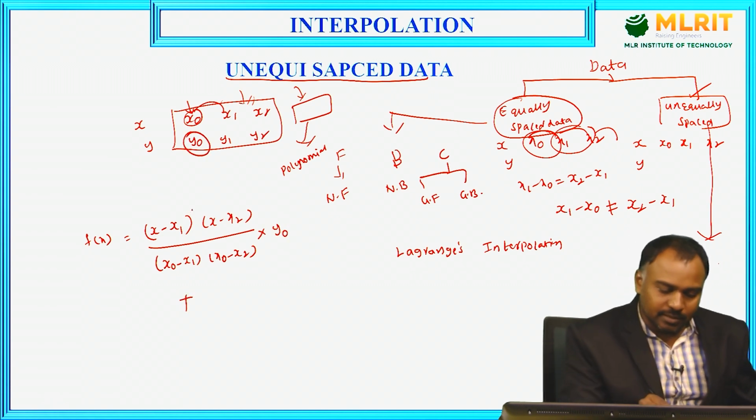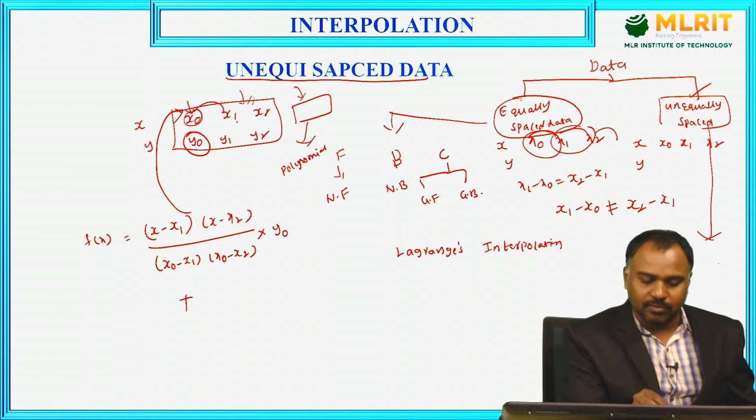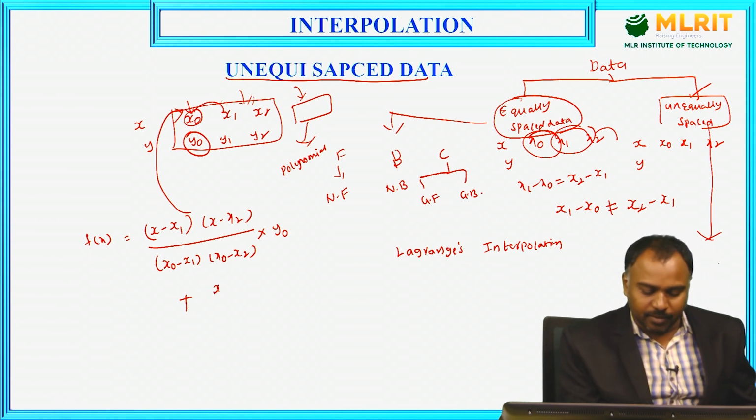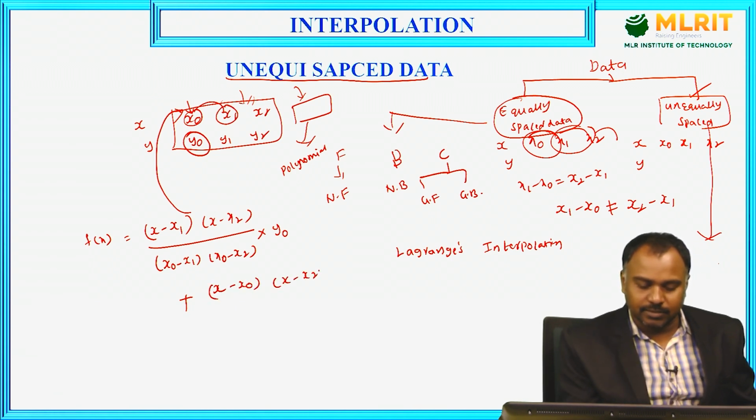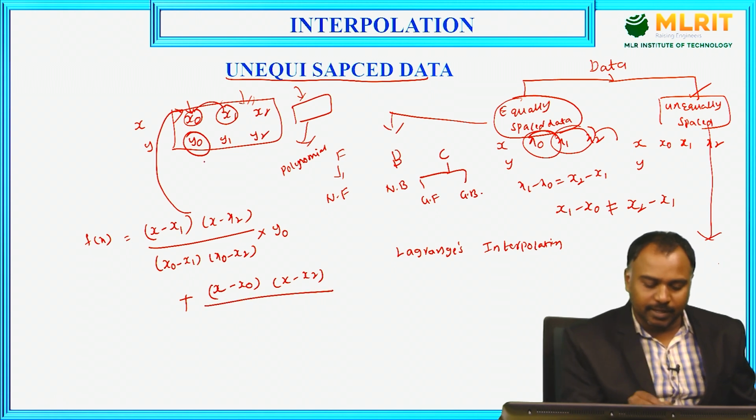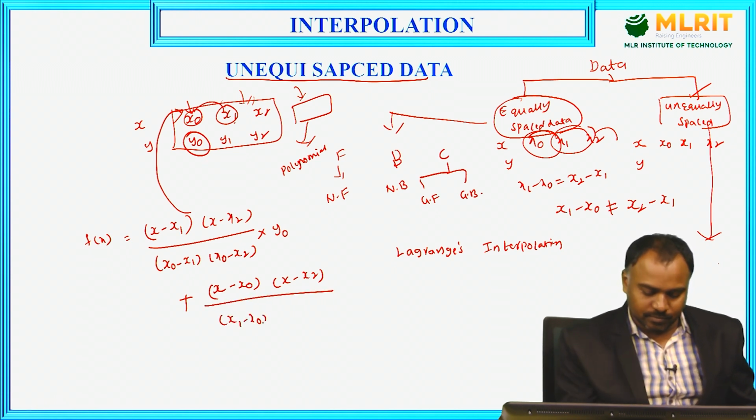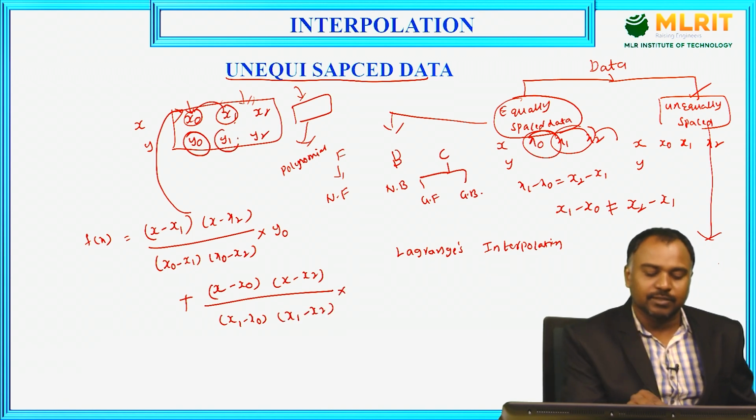This is the first term. In the same way, the second term is related to the second point. Except x1, the remaining terms: x minus x0, x minus x2, divided by x1 minus x0, x1 minus x2, into the respective function value y1.